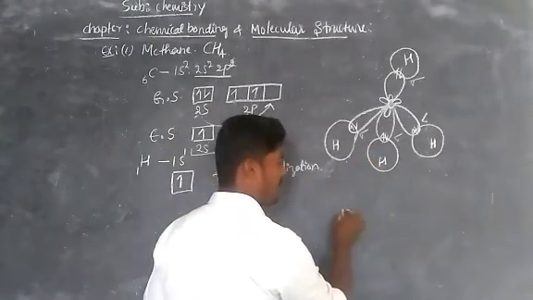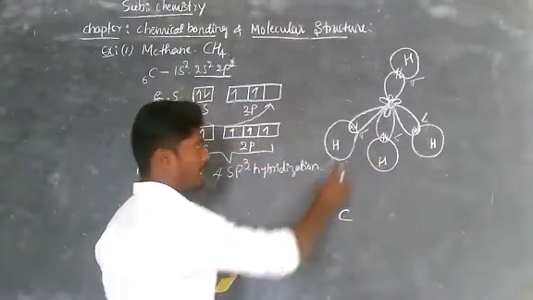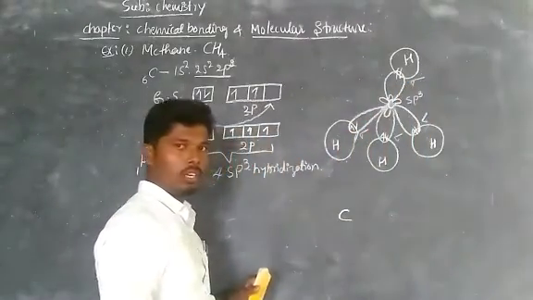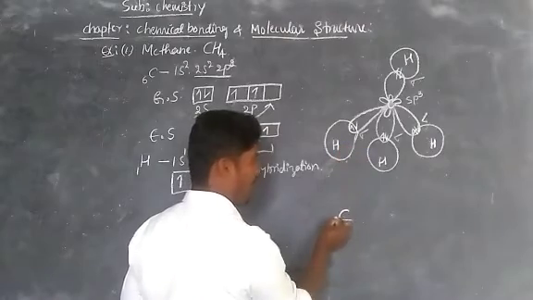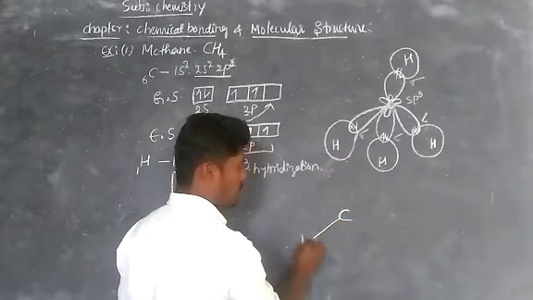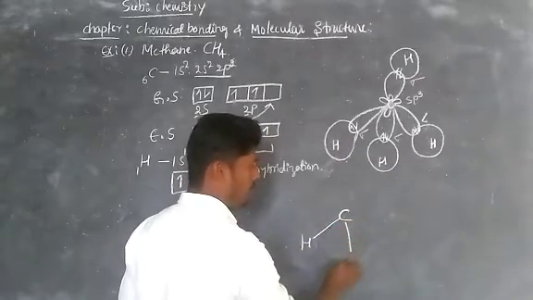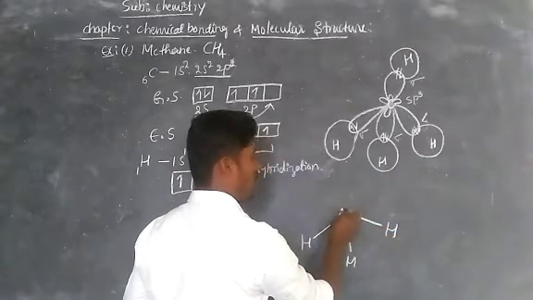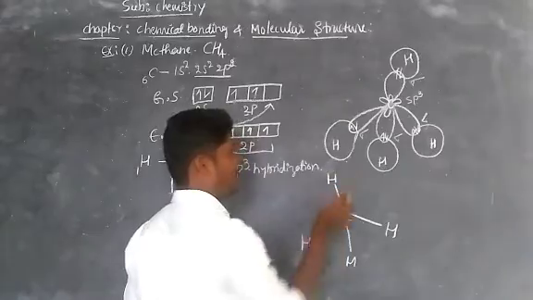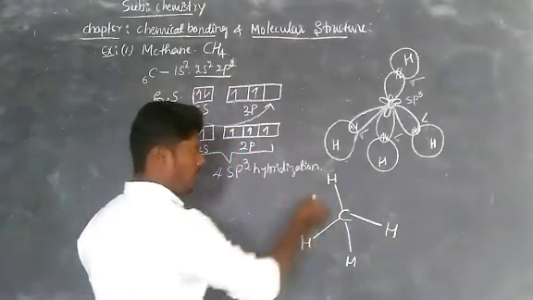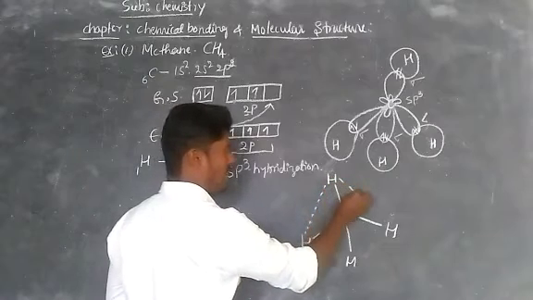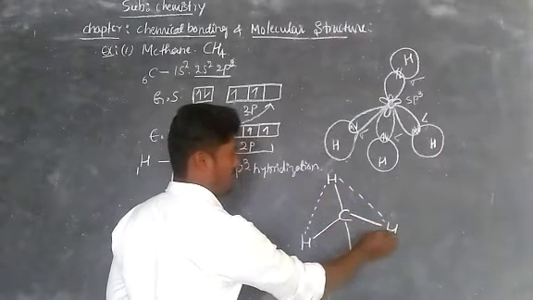Now the bond diagram is written here: carbon, the central atom, having sp3 hybridization. First carbon, hydrogen, bond, hydrogen. Then the second one, bond, hydrogen. Then the third one, bond, hydrogen. And the fourth one, bond, hydrogen. Okay, so see here, this is a dotted line representation just to understand the tetrahedral geometry.